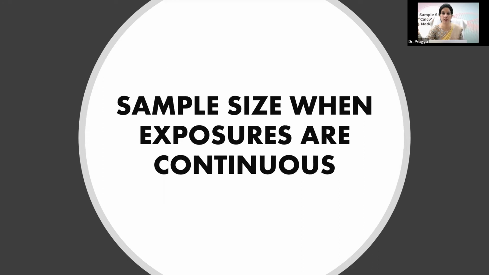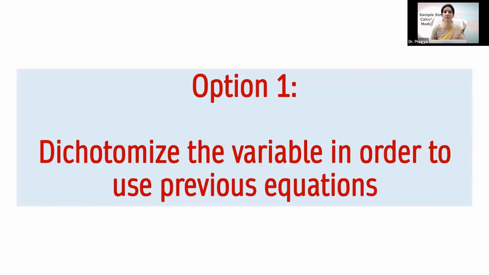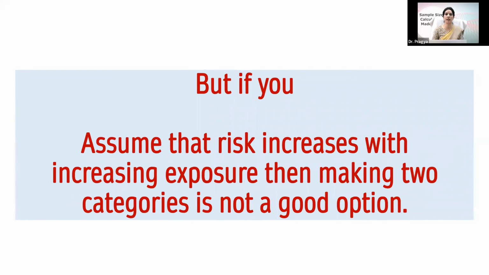If the exposure is, say, some carbon monoxide level in the blood, and if you convert it into binary, then that meaning is lost. If you dichotomize the continuous variable where there is a clear-cut dose response relationship, you are losing data. In that case, you should calculate the sample size based on the mean.